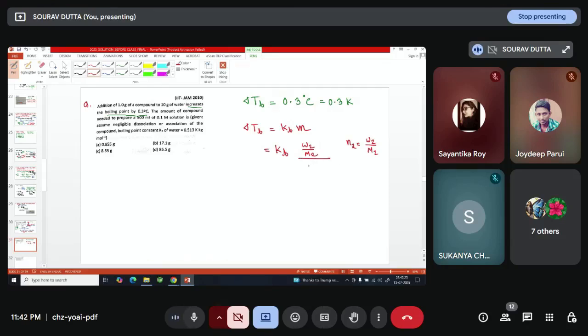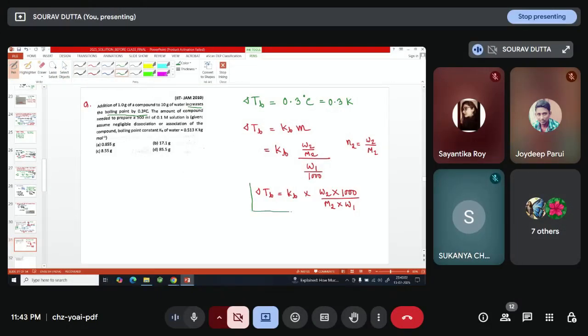If your mass w1 is present in gram unit, then to convert gram to kg you have to divide by 1000. So your formula will be transformed into delta TB equals Kb into w2 into 1000 divided by m2 into w1. In many books you will get this formula directly; I showed how it is derived, so if someone forgets it in the exam, they can easily derive it themselves.